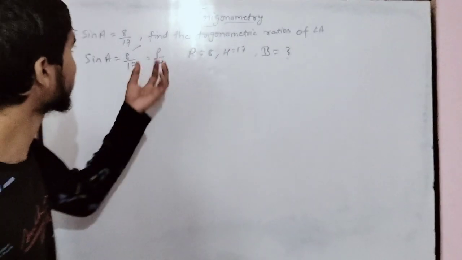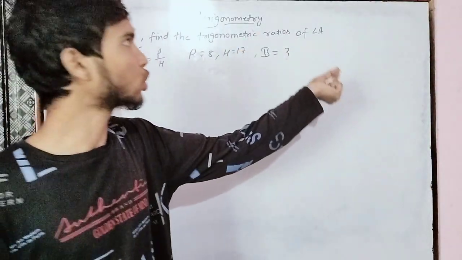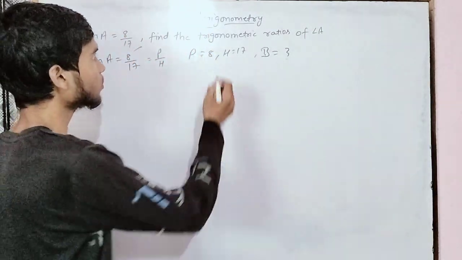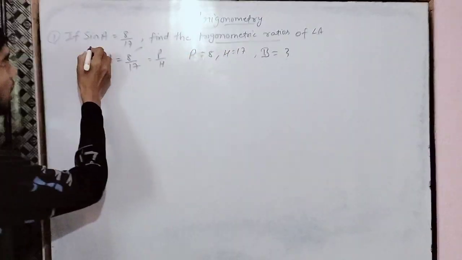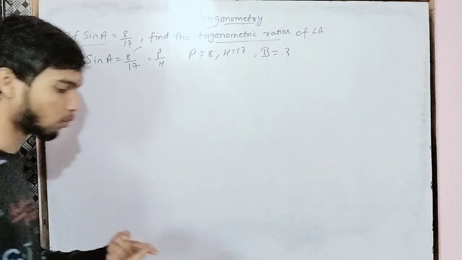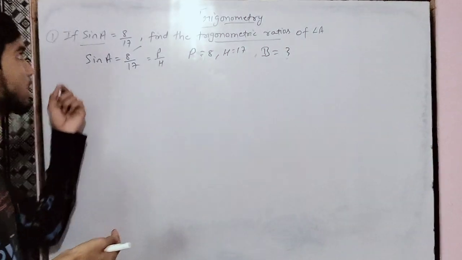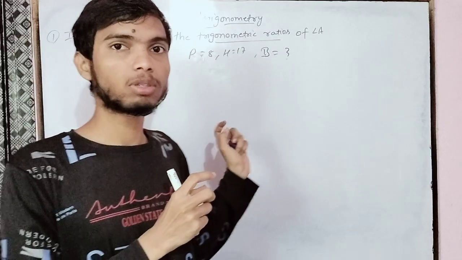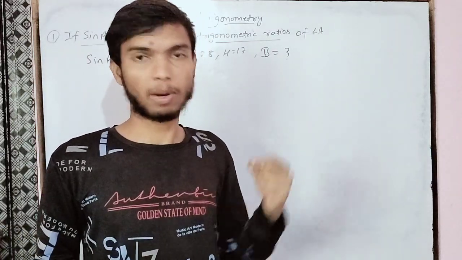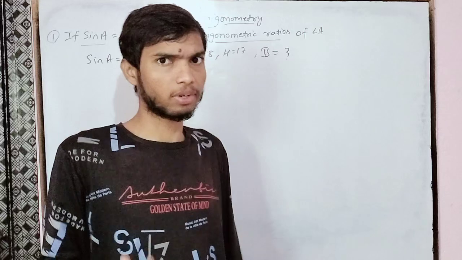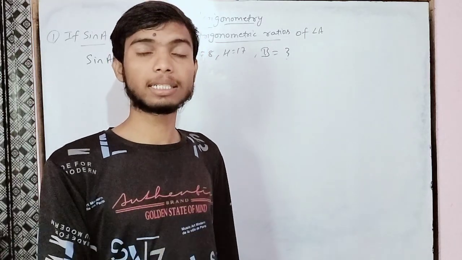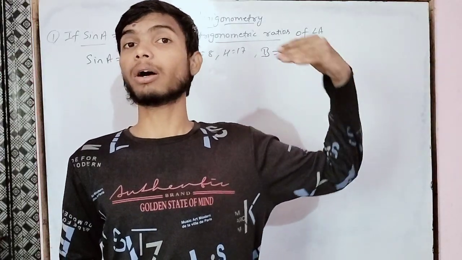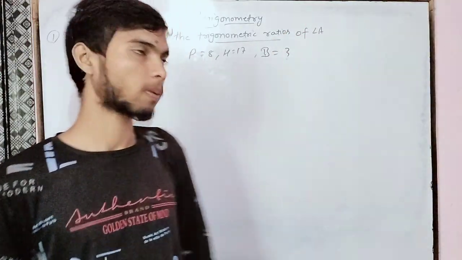Now the next sentence is telling you to find the trigonometric ratios of angle A. Okay, of angle A. We know the value of one trigonometric ratio, which is sine A, 8 upon 17. But apart from this, we have 5 trigonometric ratios left, and the question is saying find the value of all those left trigonometric ratios.